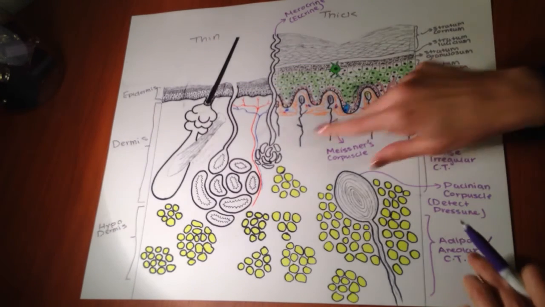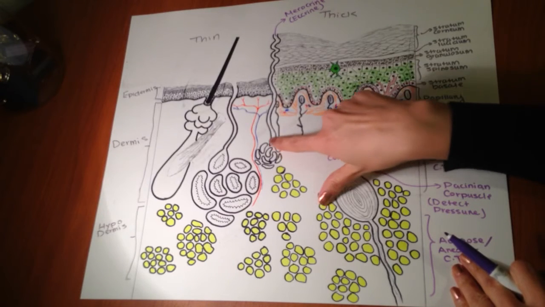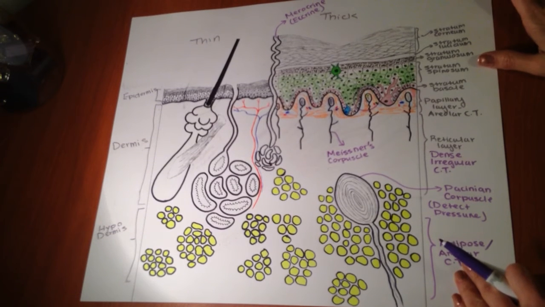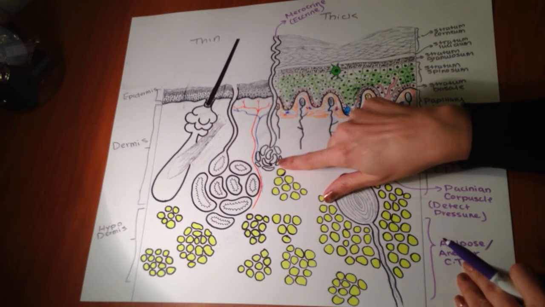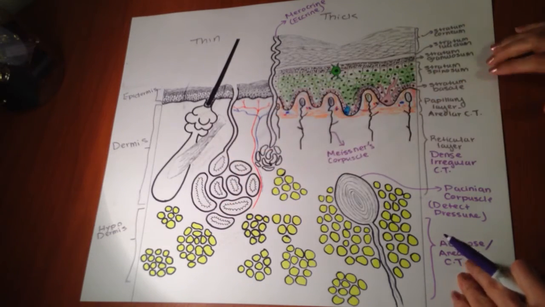You could find this type of sweat gland all over the body. It produces non-odorous sweat. It doesn't release any type of pheromone. And they're activated basically from the time that you're born. Now, this is an apocrine gland.